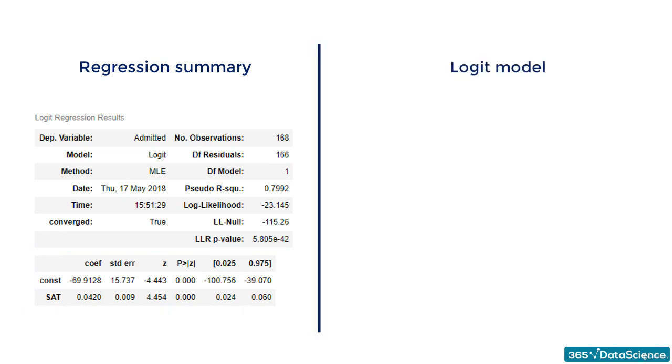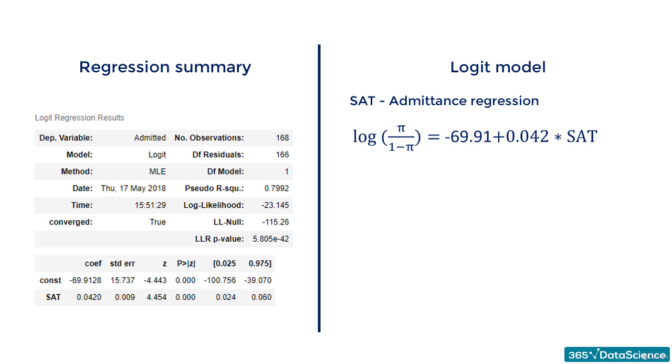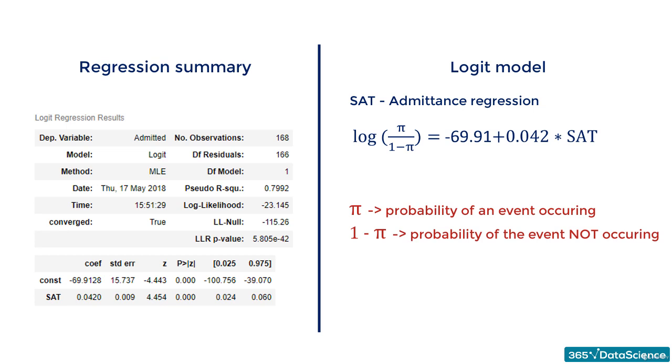The logit model for the SAT admittance regression we created is log of pi divided by 1 minus pi equals minus 69.91 plus 0.042 times SAT. Pi here refers to the probability of an event occurring, while 1 minus pi is the probability of the event not occurring.